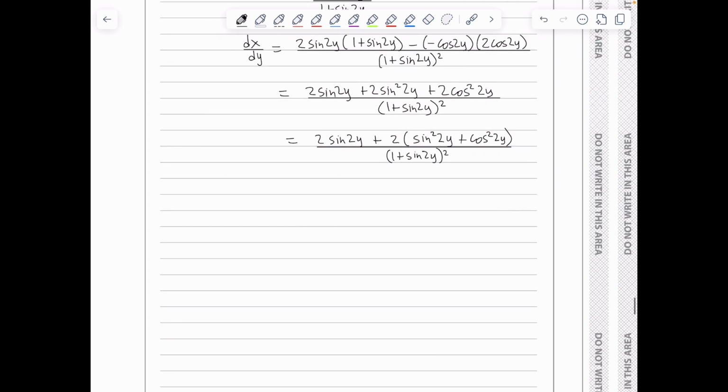Now obviously the sine squared plus cos squared is 1, so we've got 2 sine of 2y plus 2 over 1 plus sine 2y squared. So what I can do is factor out the 2 from the numerator to get 2 brackets sine of 2y plus 1, close brackets, over 1 plus sine of 2y squared. So we see now that the 1 plus sine 2y will cancel out, leaving me with 2 over 1 plus sine of 2y as required.